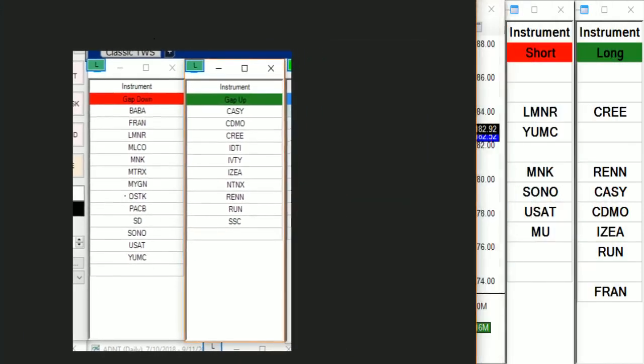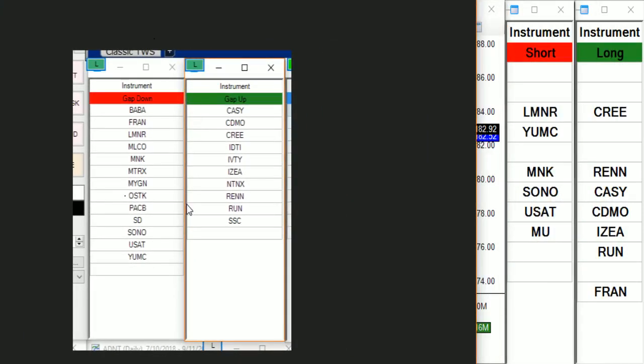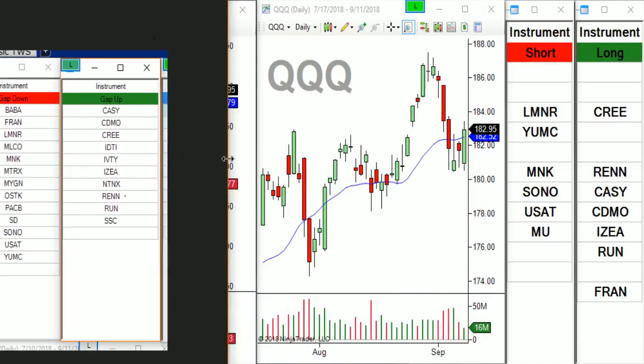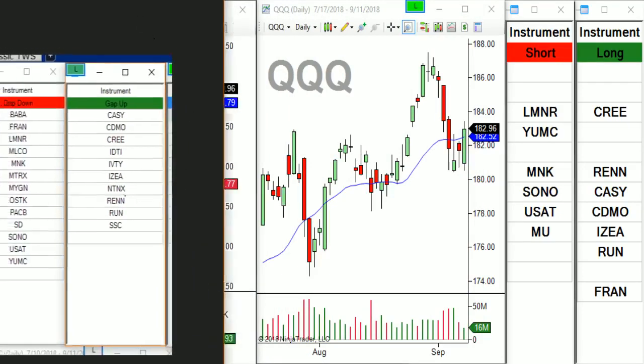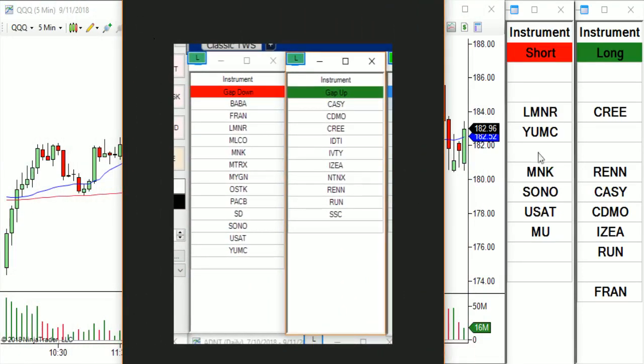Now, from this gaps list that I have here, let me make sure we can see this. From the gap ups and the gap downs, I transfer to my hot list here. I run through these gaps on 4 different time frames at the same time.